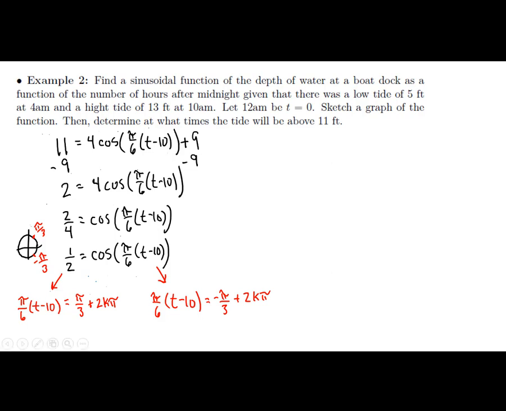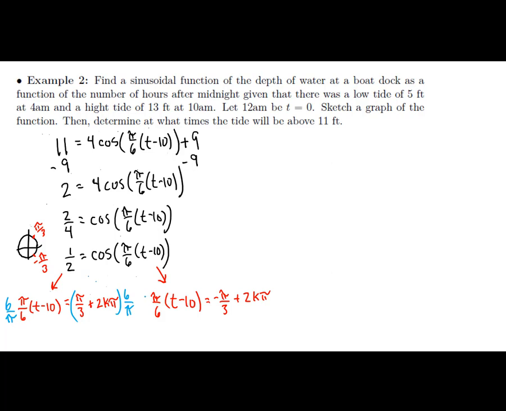Let me again change pen color here. The first thing we want to get out of the way is this pi over 6. So on both sides, we can multiply by the reciprocal, 6 over pi. Remember, I'm multiplying both terms on the right side by the reciprocal.